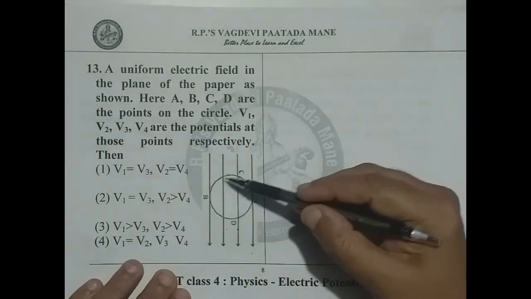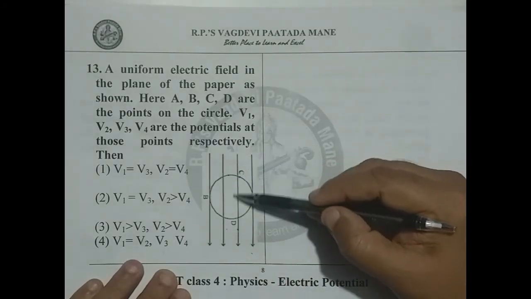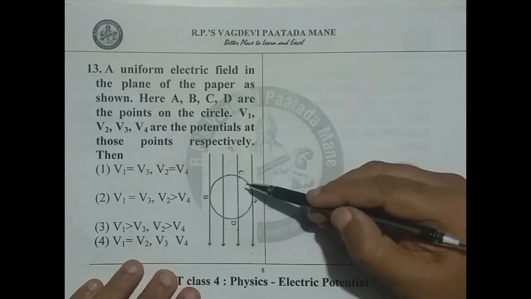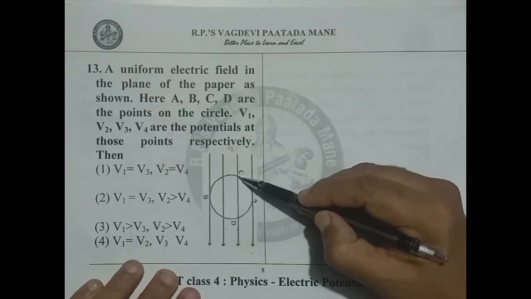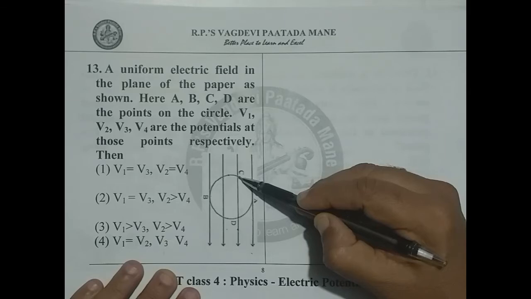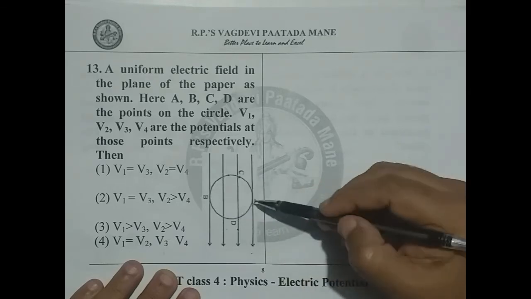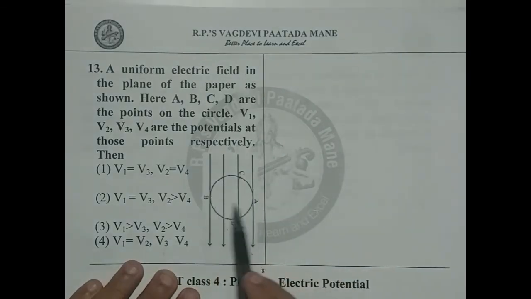We know, as we just now discussed, that in the direction of electric field potential decreases. So C must have the highest potential, and A and B, as seen from the figure, are on the same line, so their potentials must be the same, and D has the smallest potential.